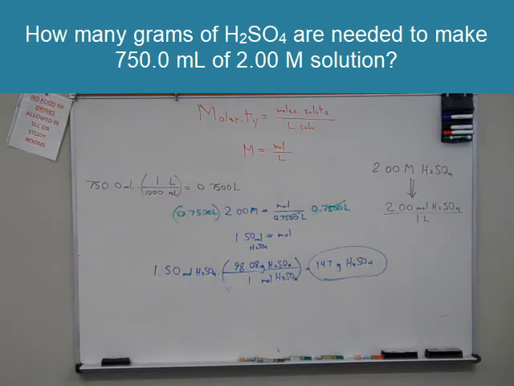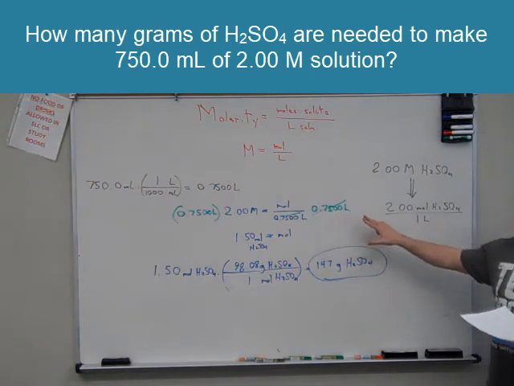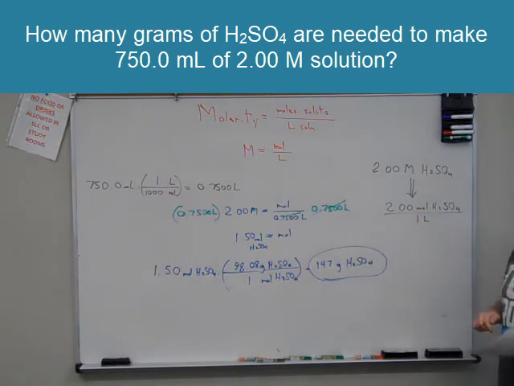Now that's a lot of work for that particular problem. You could have solved this a little bit more quickly and easily by not using the equation and instead using this as a conversion factor. If I did that, it would look like this.